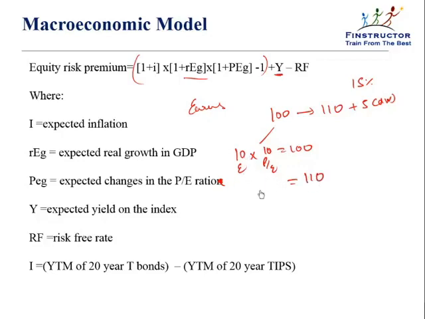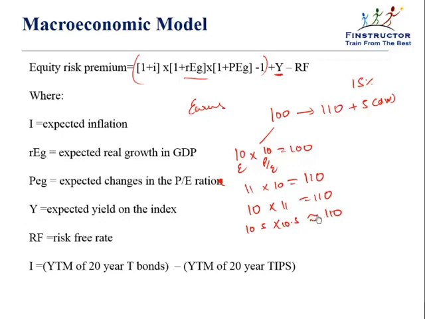Either these earnings would have become $11, that is, the earnings would have gone up by 10% and the multiple remained the same, or it's possible that the earnings didn't change but the people's outlook on the future became better, so the multiple that they were giving became 11 and the value was 110. A bit of both could have also happened. So this became 10.5 and the multiple also became 10.5. This will again approximately give us a value of 110.